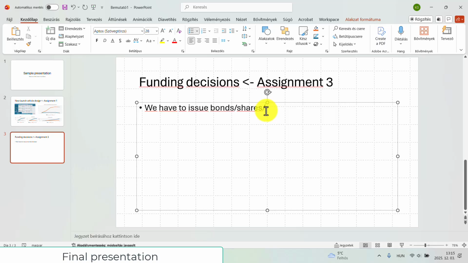So we have to issue bonds, shares, or use financial lease. In this case, obviously, I have to choose new equity issuance.